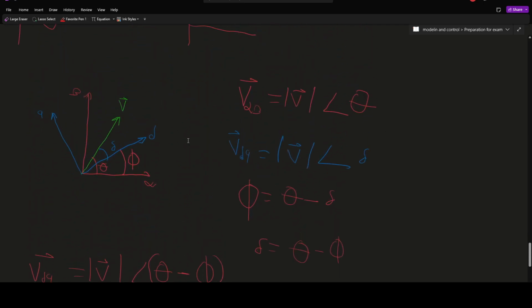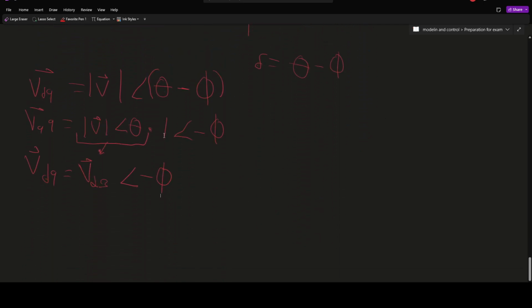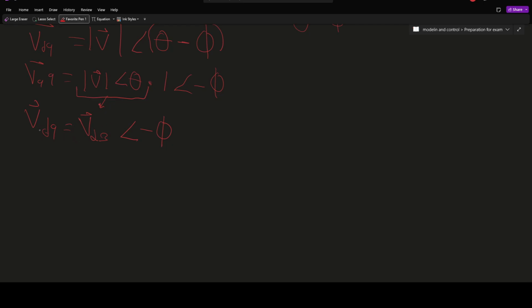And we know that phi is the angle between the two reference frames. So if we want to go from alpha beta to dq, we subtract an angle. And if we want to go from dq to alpha beta, we add an angle.